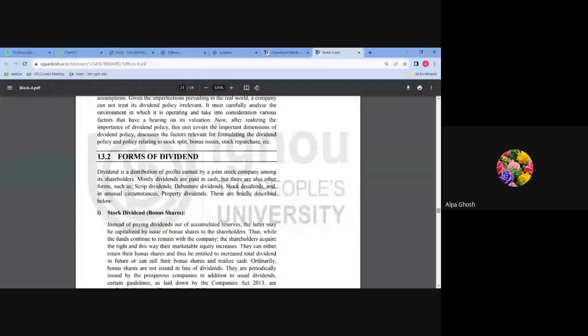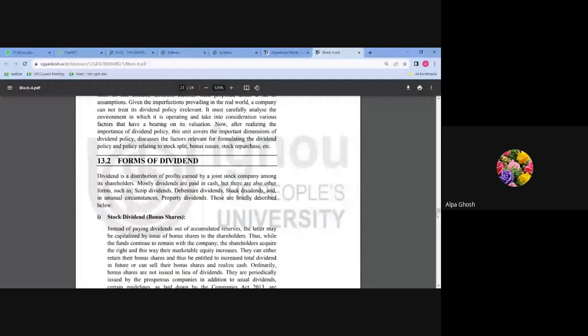The first one, as you can see, is stock dividend. In stock dividend, you do not pay dividend in the form of cash, but at the same time you issue equity shares as payment of dividend.